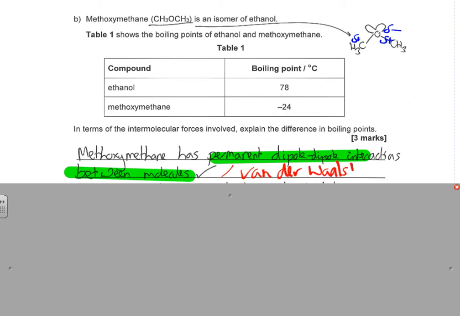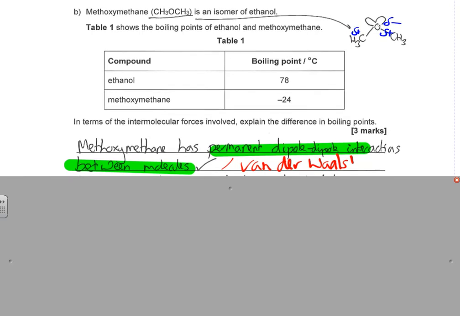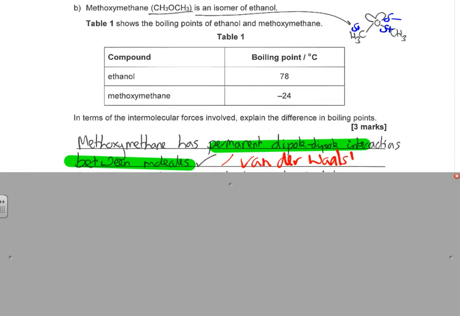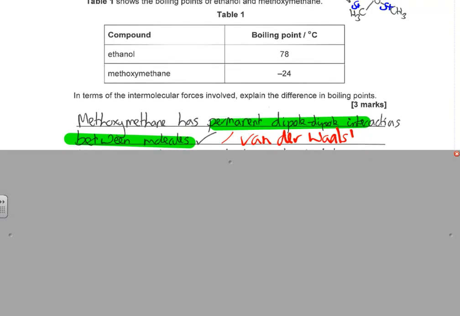So if you're looking at your work and you realise you got a mark for saying van der Waals, well, that's because in this case the mark scheme was generous and it did allow that, although I would encourage you perhaps to think about putting the correct intermolecular force in rather than just hoping in future instances that you can get away with van der Waals. It was an AS question, not an A-level one, and obviously in your exams in the summer you expect the mark schemes to have a higher degree of accuracy.